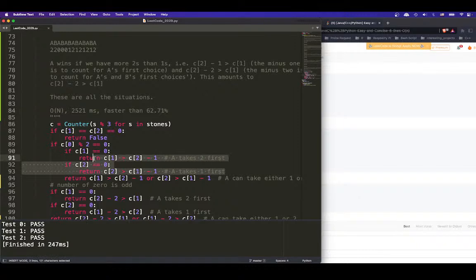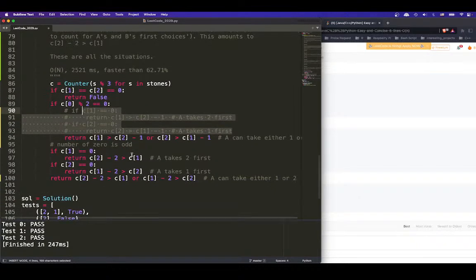Which means I think we don't need to do this. Because C1 is 0, how can 0 be larger than that? Because C2, right, the minimum is 0. But we also say it's not going to be 0, so it's going to be 1.